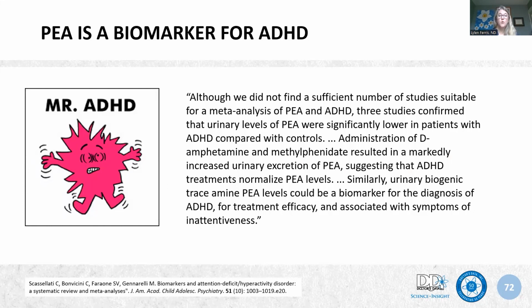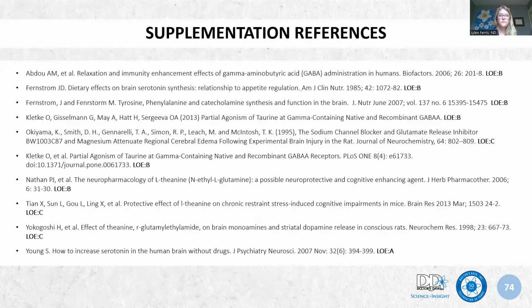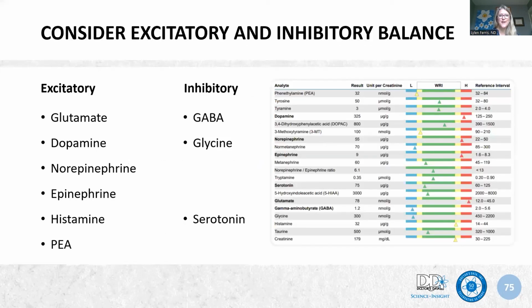So now researchers are suggesting that urinary PEA levels could actually be considered a biomarker for ADHD. So if cognition is a particular concern for your patients, you definitely want to make sure you're taking a look at PEA. It's not always the culprit, but it certainly could be. And here's some ideas for supporting both low and high PEA. And if you want to dive into the references for supplementation, they're here for you.